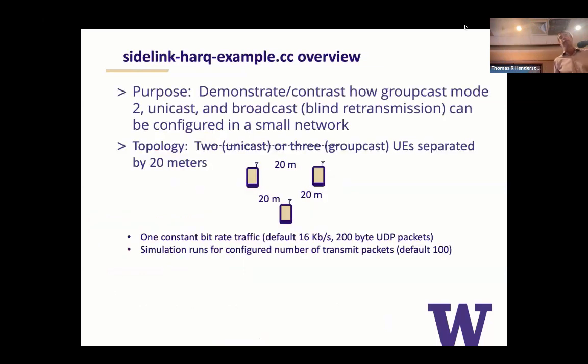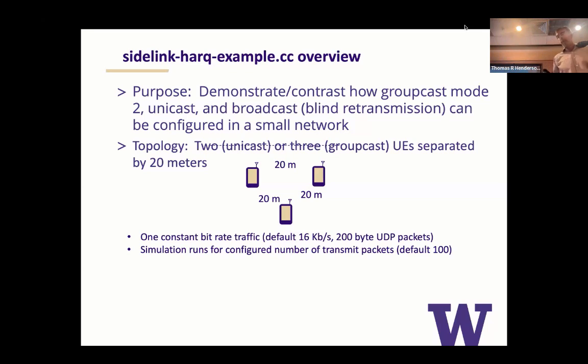So there's another example program that you can play with to exercise the different modes of operation for sidelink HARQ. The purpose of this program is to be able to toggle between groupcast, mode 2, unicast, and broadcast being the blind retransmission in a small network.